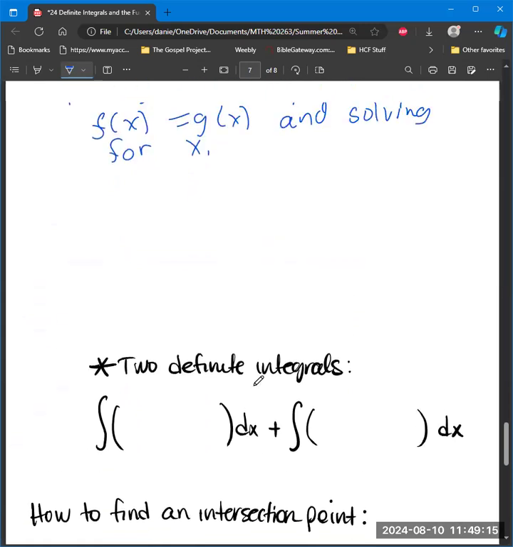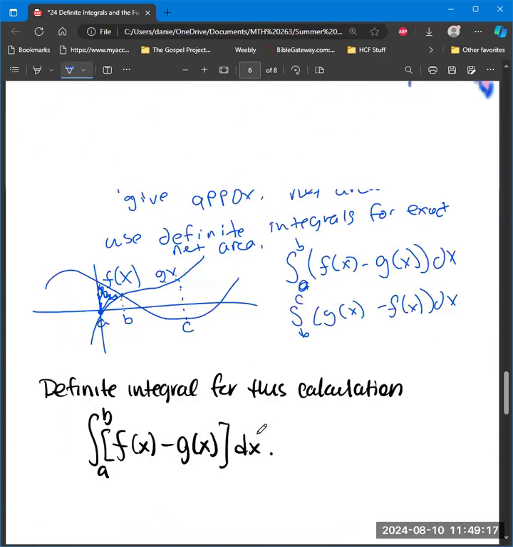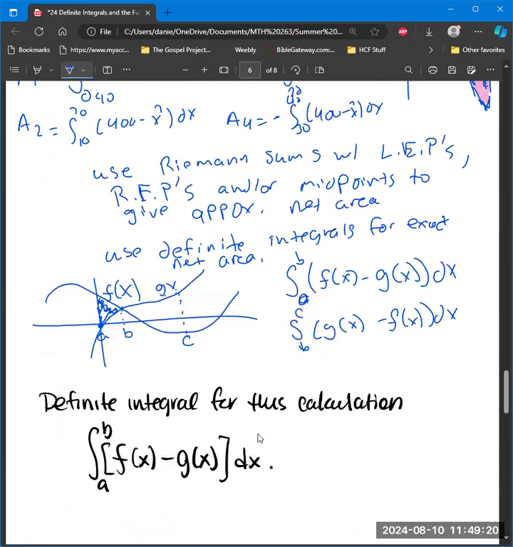So like I was saying, this might cross again up here at C, like this. So I may have this bounded region here, and then I may have this bounded region here that I'm interested in.